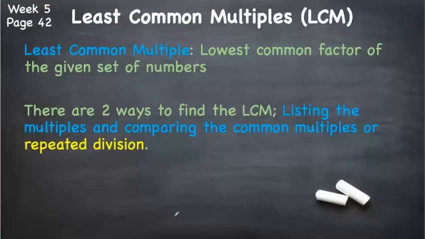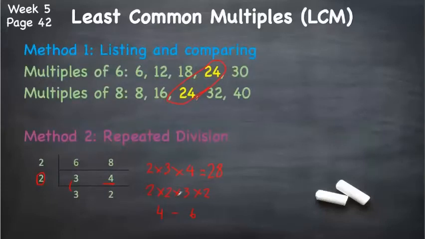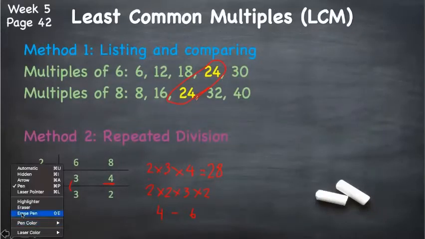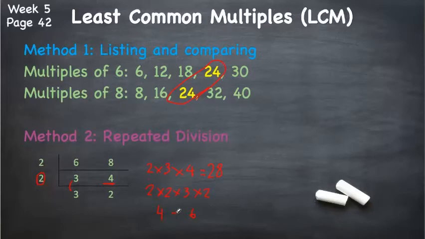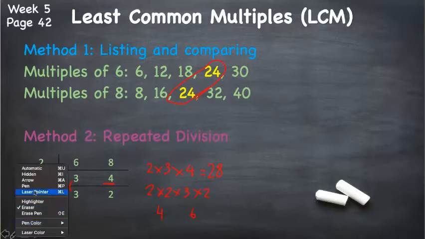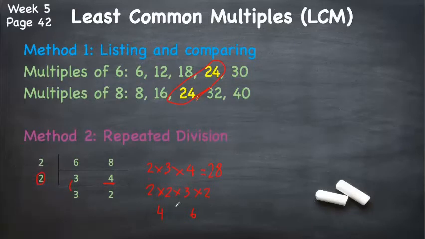Sorry, I clicked something. Okay, 4 times 6 is equal to 24. So it's the same, right? It's the same as the first option that we can do, which is to multiply this.